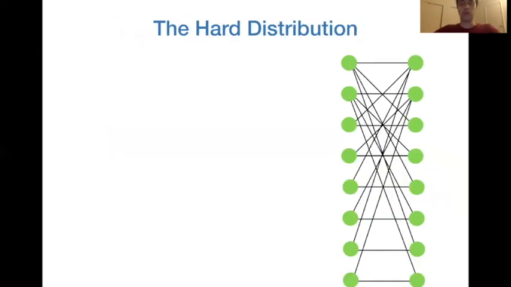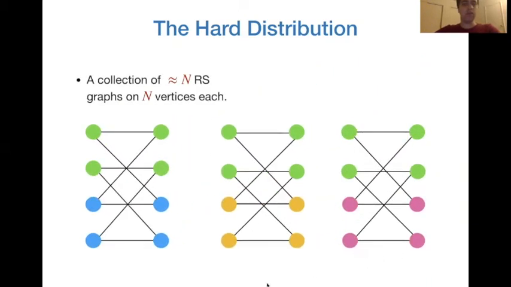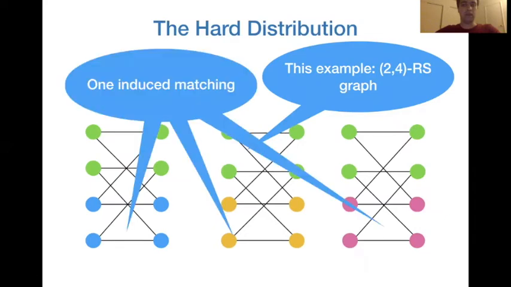So the hard distribution of graphs we talked about looks like a graph like this. What is this? It's basically a collection of n RS graphs, each of them on capital N vertices. Let's be a bit more precise. Think of picking capital N RS graphs. Here, these are 2x4 RS graphs.